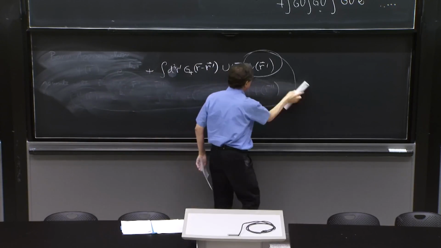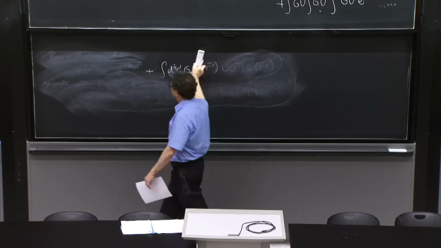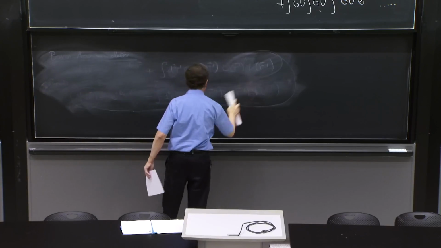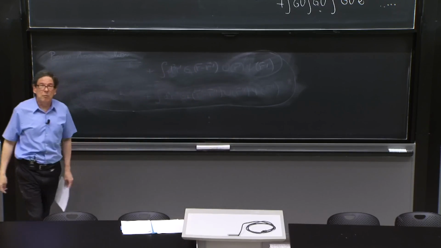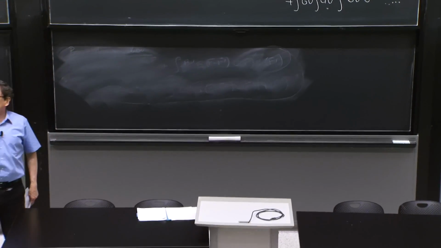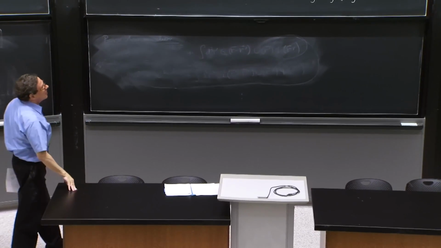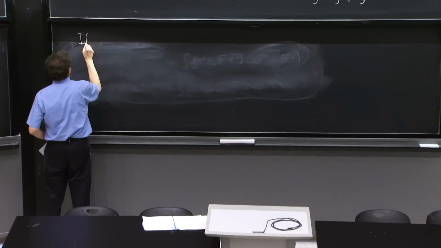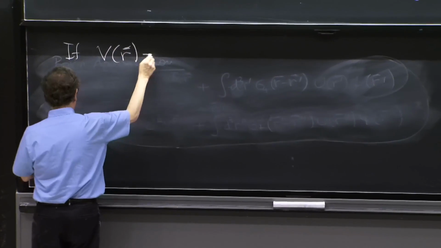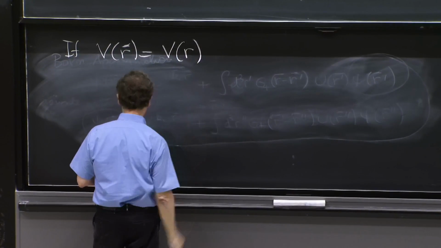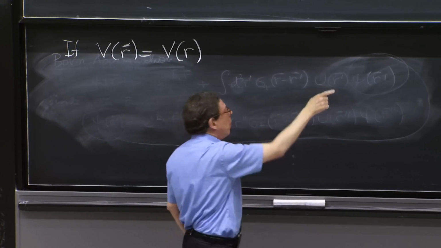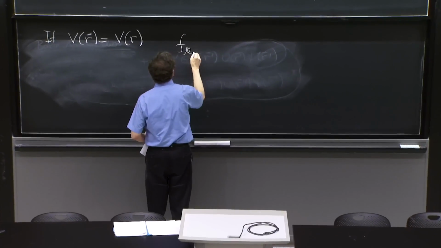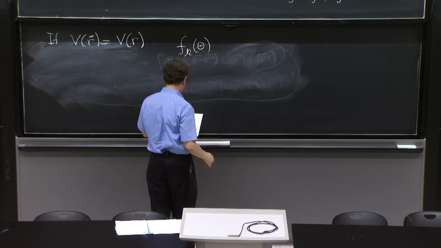You can do the angular part of the integral because the potential is spherically symmetric, and you know how things depend on angle. So it's a nice thing to have a boxed formula that already does for you this calculation when the potential is spherically symmetric. So if V of r is equal to V of r, which is spherically symmetric, we go back to that formula, and we would have f of k of theta, we claim.